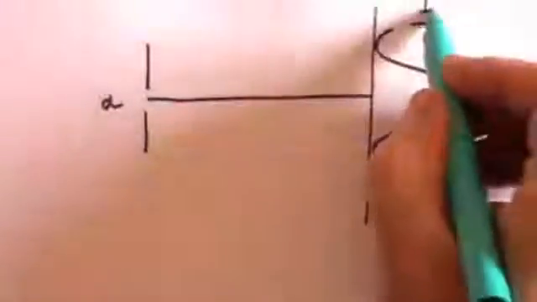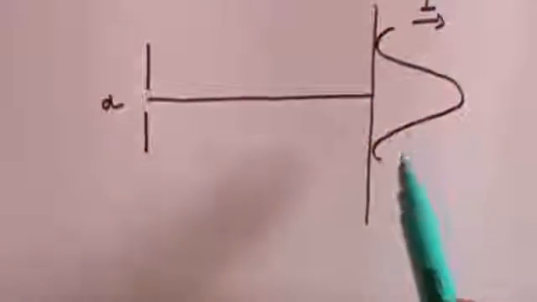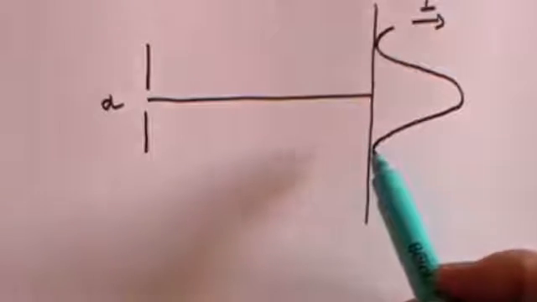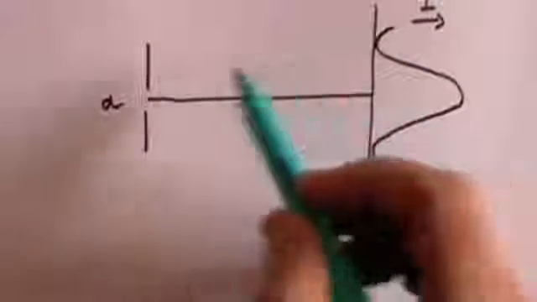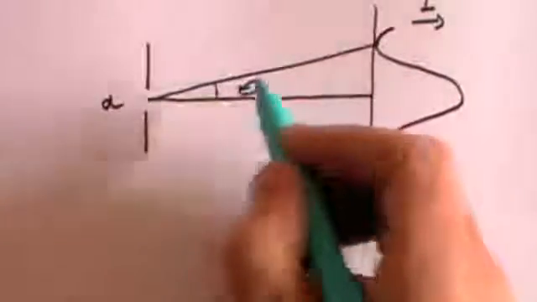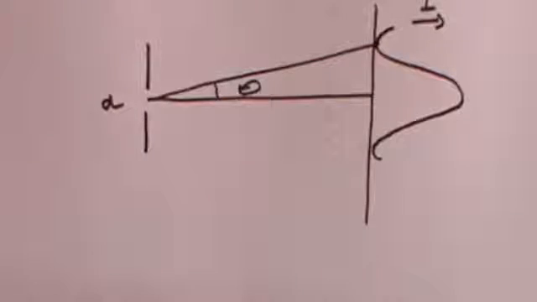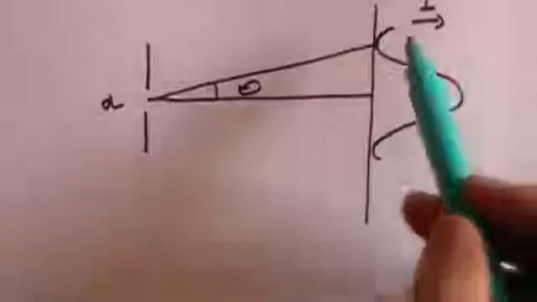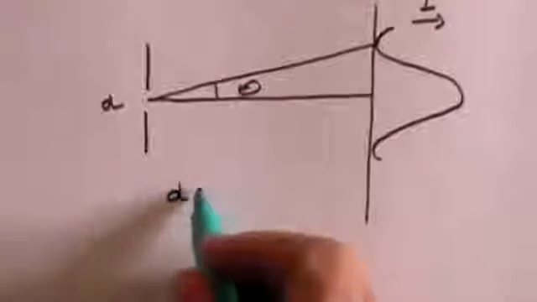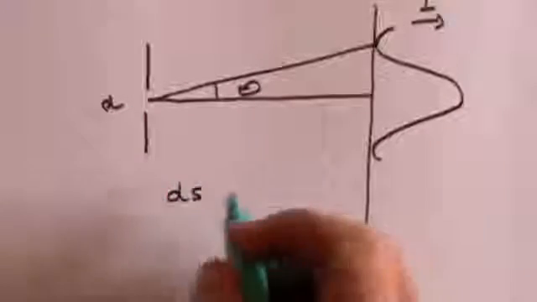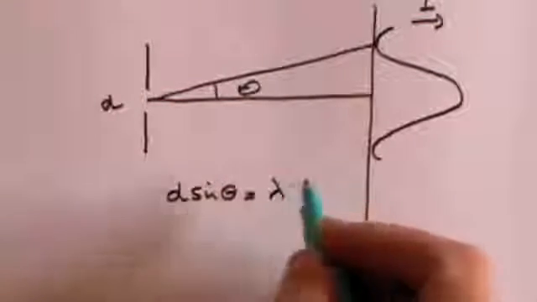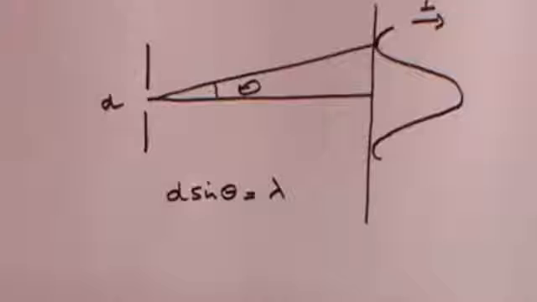Intensity is measured in this direction here, and until you get to these points here where the intensity will have fallen to 0. And we calculated that the angle theta for the first dark fringe, as it were, is given by d, which is the width of the slit, times the sine of the angle theta is equal to the wavelength of the light.